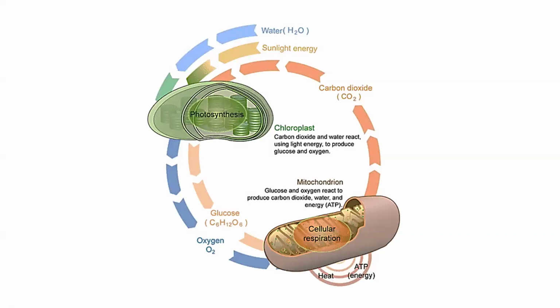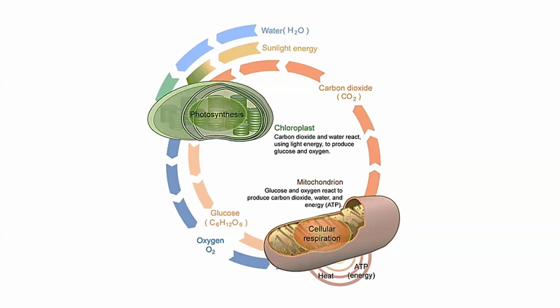The things that the mitochondria makes are going to be used by the chloroplast, and then they make the things that will be used by mitochondria. So which one do we have in our cells? Mitochondria or chloroplast? Okay. Which one do plants have? Both of them. Right?